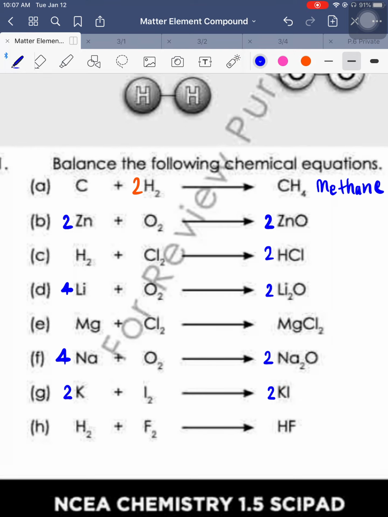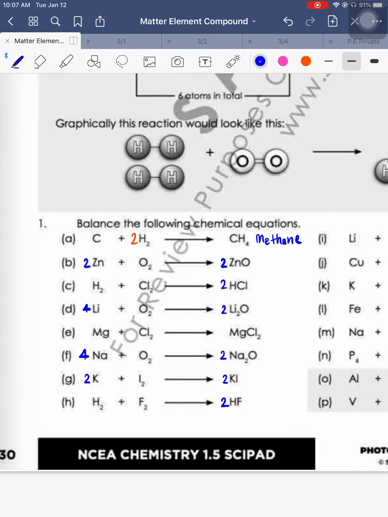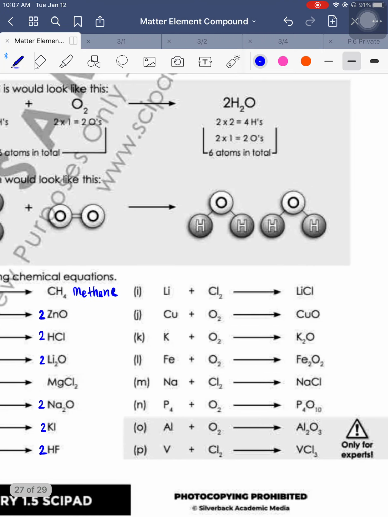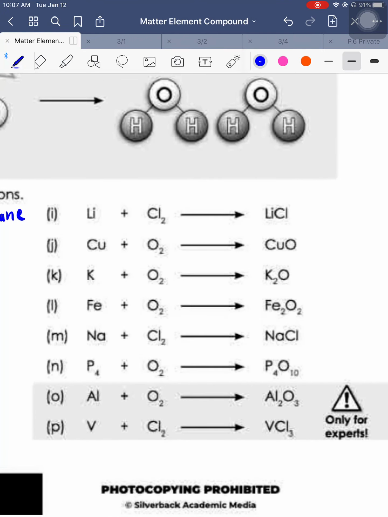Potassium will be 2 also. Just put it over there. Next, 2H, 2F, 1 F, 1 H. Very easy. It's equal and easy. Next, lithium and chlorine. 2 chlorine. I just focus on chlorine. Put 2 with this, and lithium will be 2 as well.